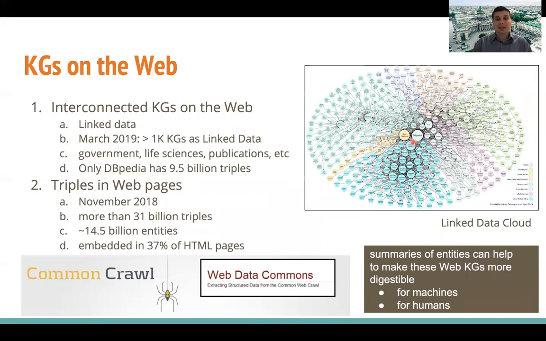Besides separate data sets, one can find a lot of knowledge graphs scattered across HTML pages or embedded in HTML pages. In 2019, people behind the Web Data Commons initiative did an extensive crawl of the web and checked how many triples or edges from knowledge graphs are embedded in HTML pages.